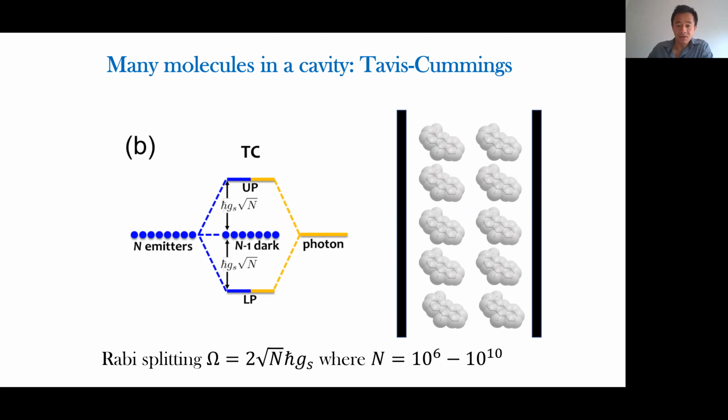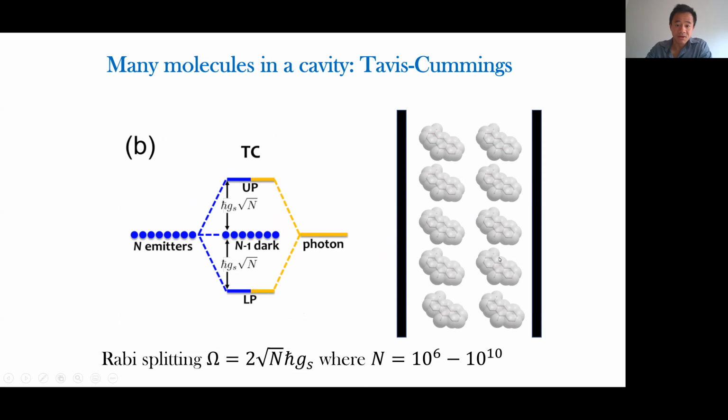spectrum should make sense. So if you dump, say, 10^6 or 10^10 molecules inside of an optical microcavity, like the experiments that you guys routinely do in your research group, then the density of states is such that you have one photon mode per, say, 10^6 to 10^10 molecular modes.